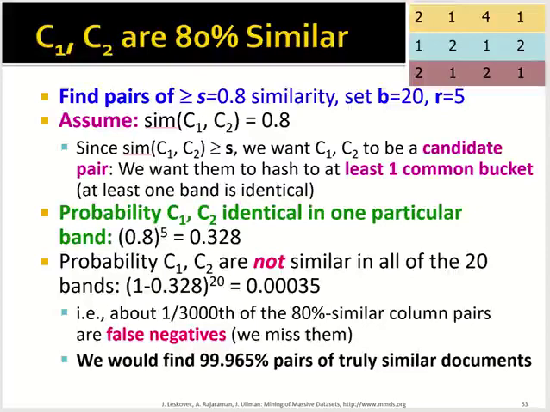For the similarity to hold, at least one band must be identical. The probability that C1 and C2 are identical in one particular band can be represented as 0.8 to the power of 5, since there are 5 rows for each band.